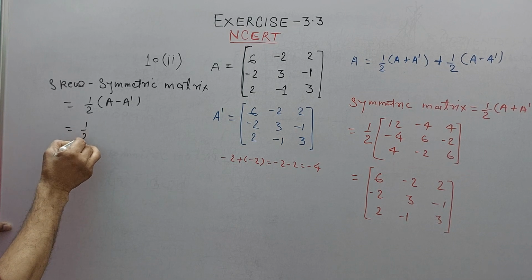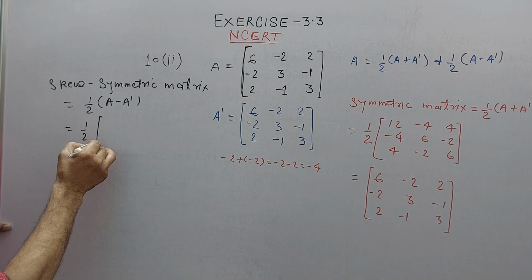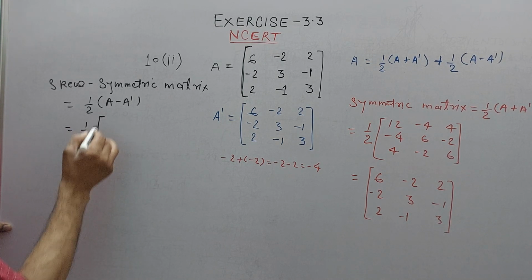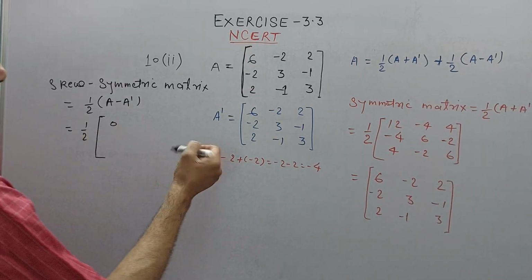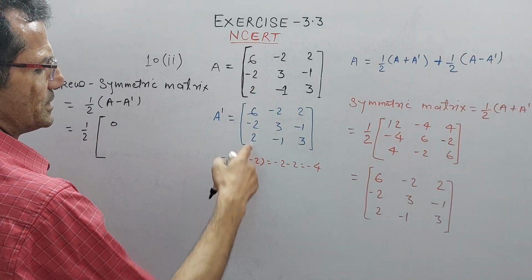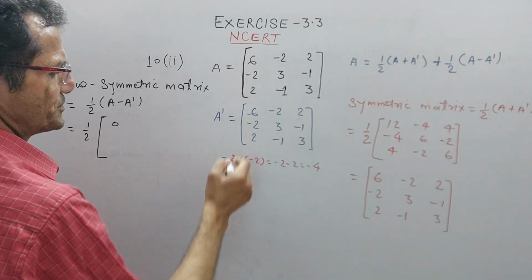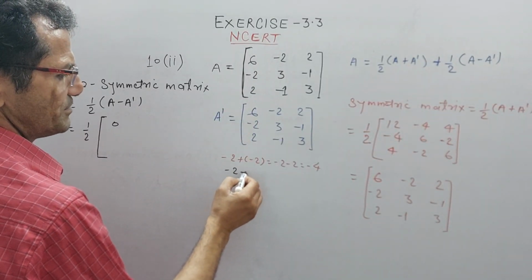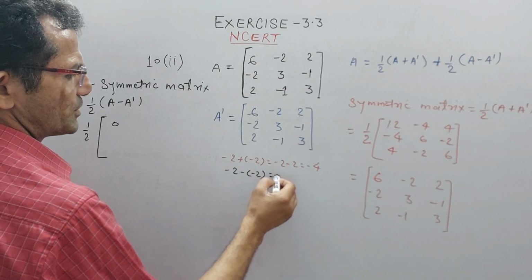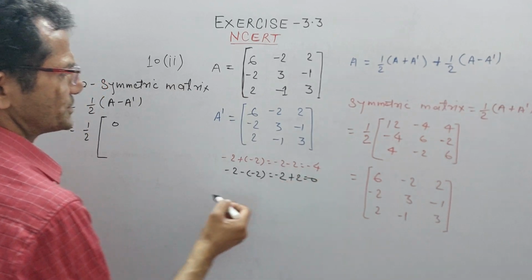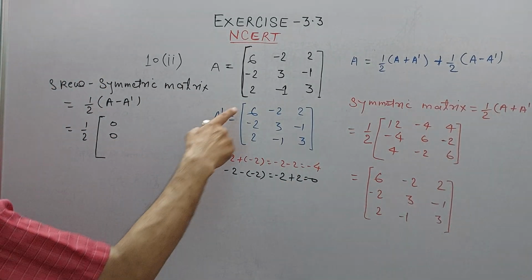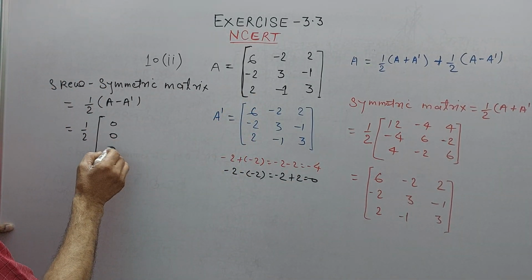We just take half outside. We do 6 minus 6 is 0, and minus 2 minus minus 2 comes out minus 2 plus 2, so this entry becomes 0. Now 2 minus 2 will be 0 again.